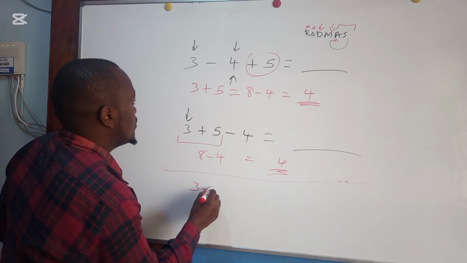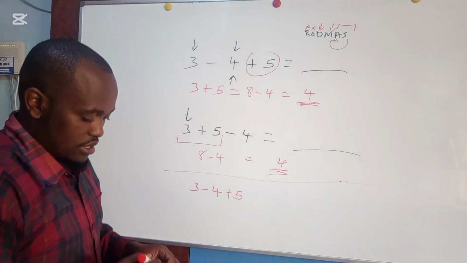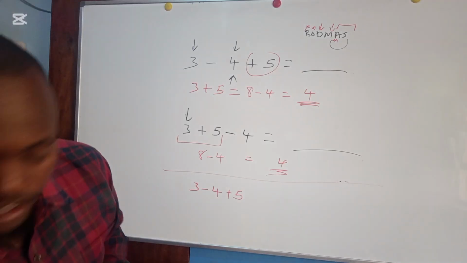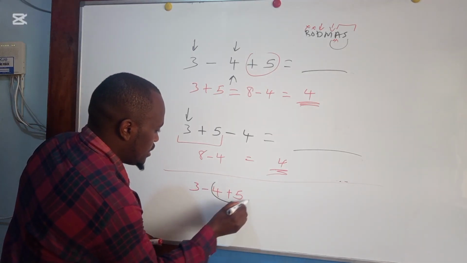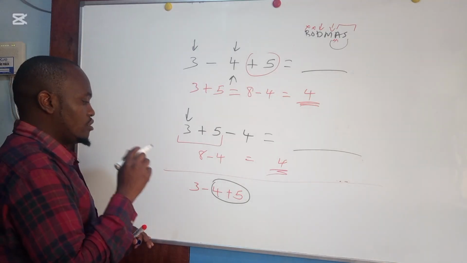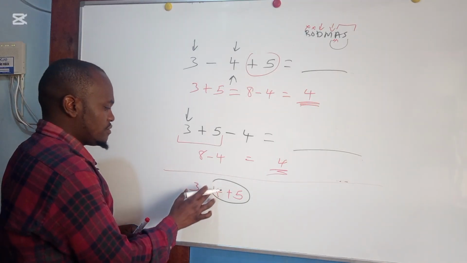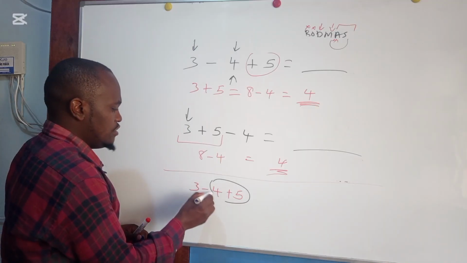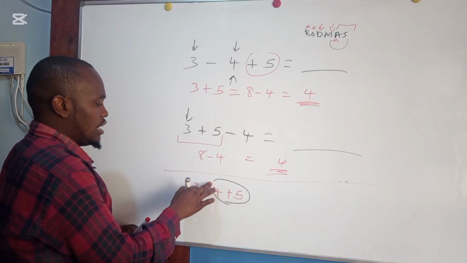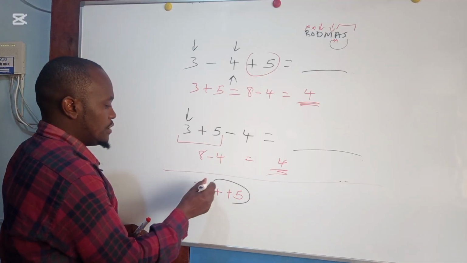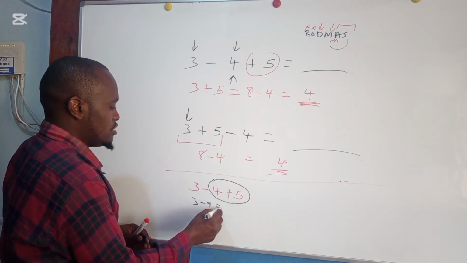If you do it like this, it is very wrong, because we know, even in multiplication, if you do it like this, you'll be wrong because you have left out this sign. So this will give you 3 minus 9, and you are saying you have a debt of 6,000.